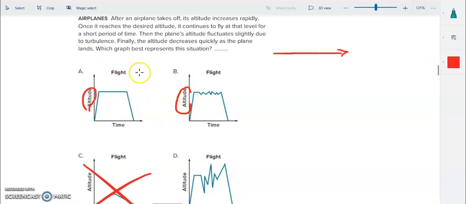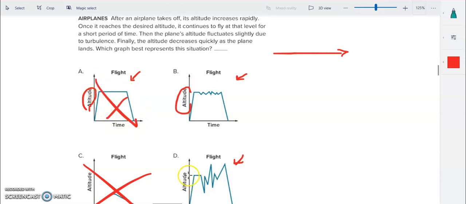Okay, so let's compare the remaining three here. Altitude goes up quickly, yes, and then level for a short period of time, and then fluctuates. Level for a short period? Well, that's level for a long period of time and doesn't show any fluctuating.